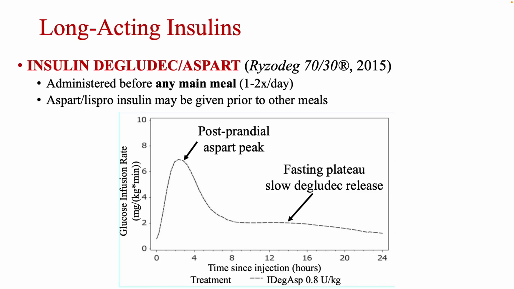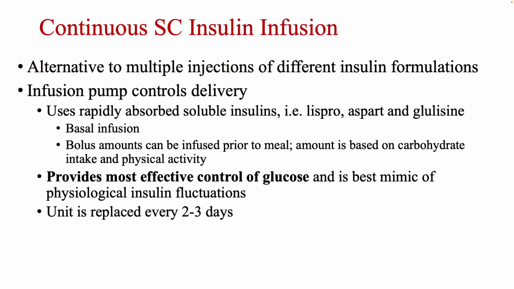And all of these provide good options to patients, right? But nothing actually ever beats a continuous infusion of insulin that can change minute to minute, meal to meal. And this is why, especially for type 1 diabetics, in my practice at least, using all of the insulins that we just talked about are a good way to bridge them to getting to a continuous subcutaneous insulin through an insulin pump.